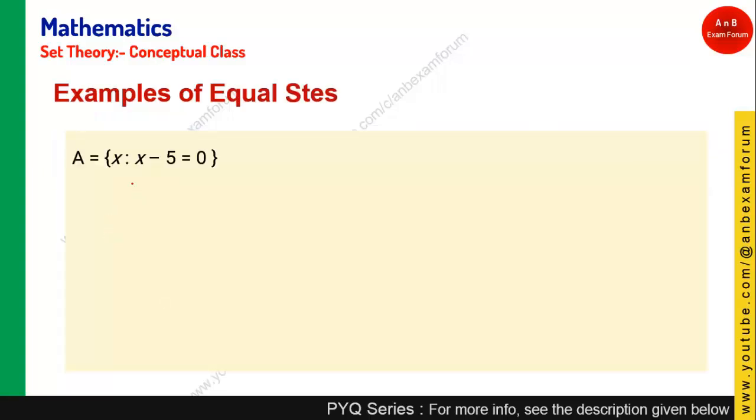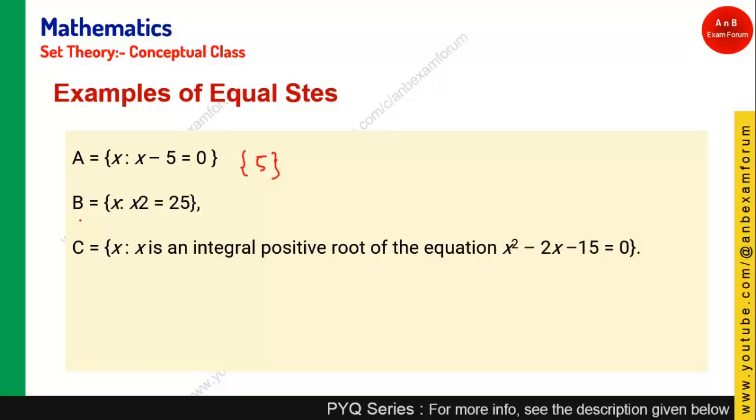This is one set, and if you build this set, you will have 5 in it. Coming to B, it is not x2, it is x square, and it will have plus minus 5. Since x is a natural number, we are including only 5. So these two sets are equal sets.